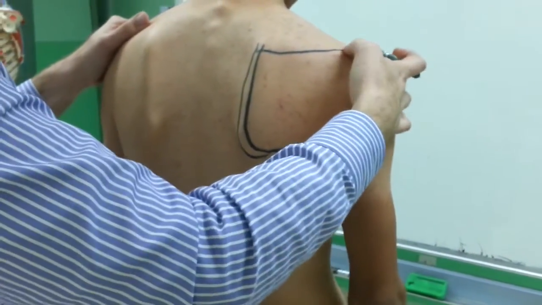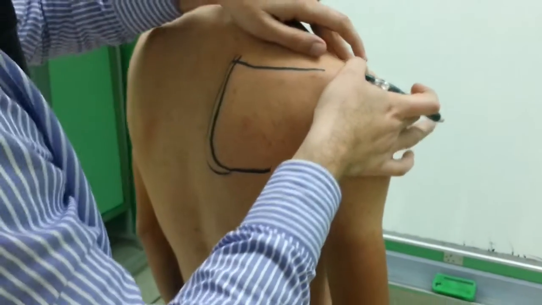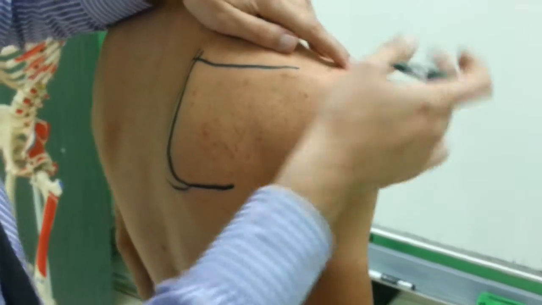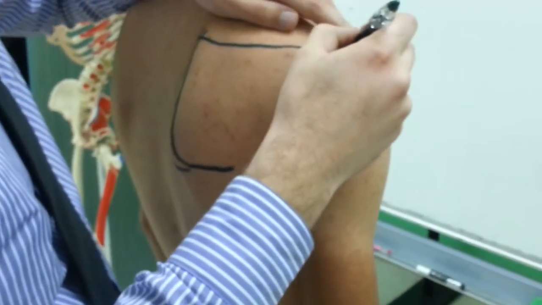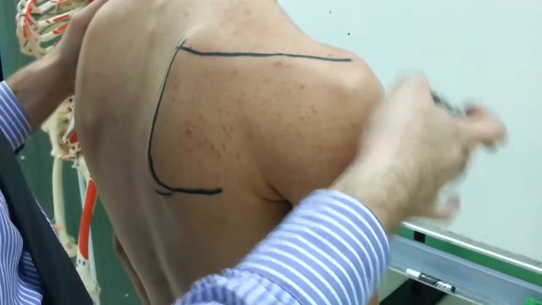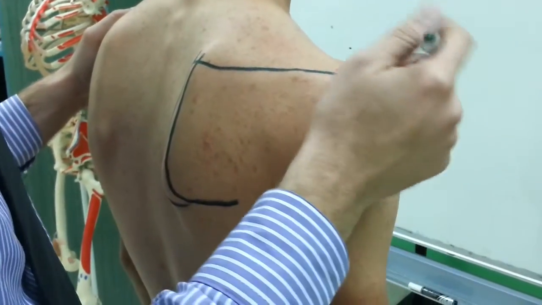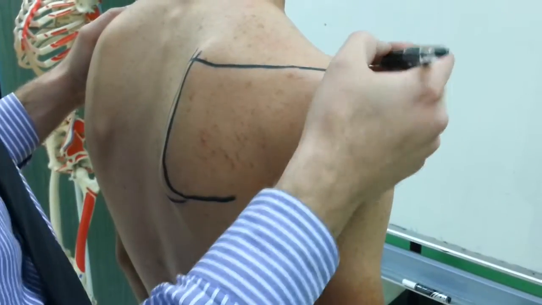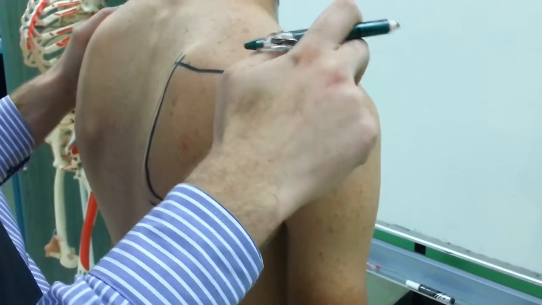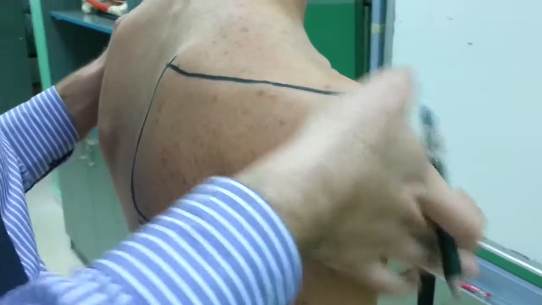Okay, now we will palpate as much as we have bone. Now if we continue like this, our finger will drop out. The point just before the dropping out, we can consider as the acromion process.